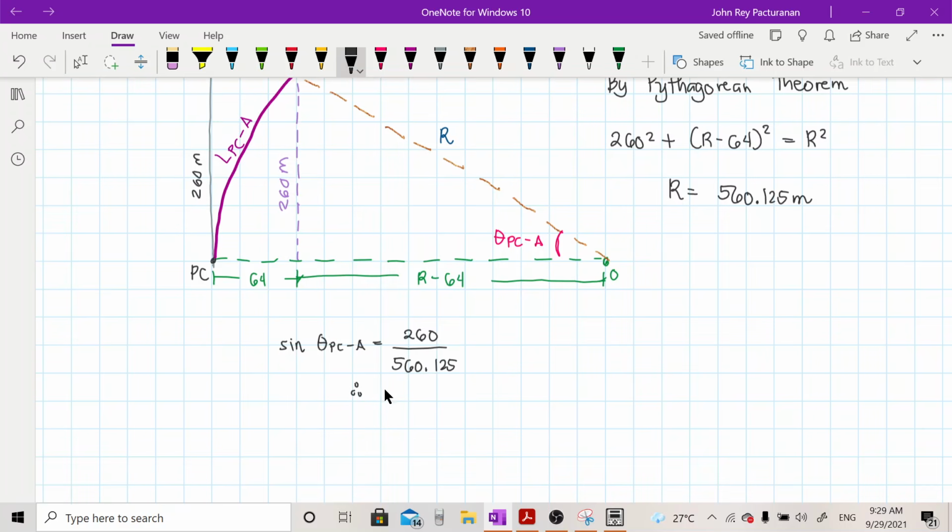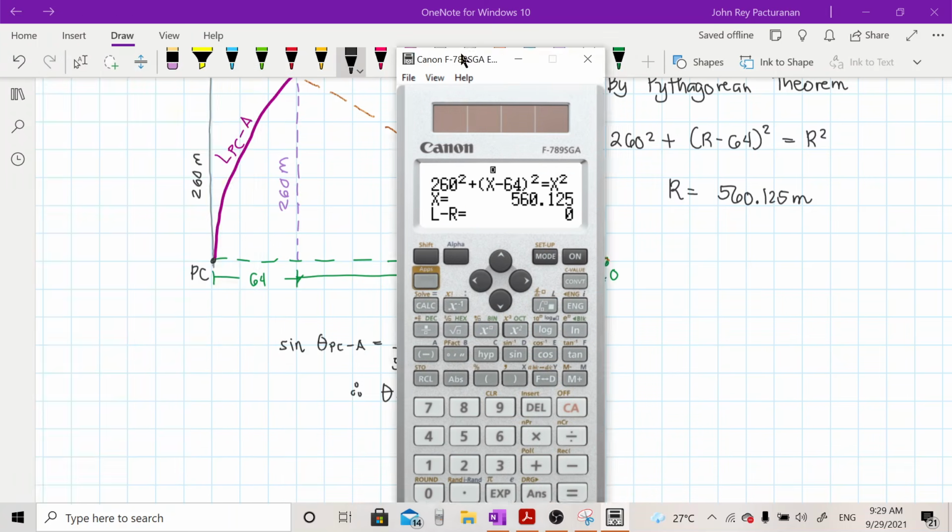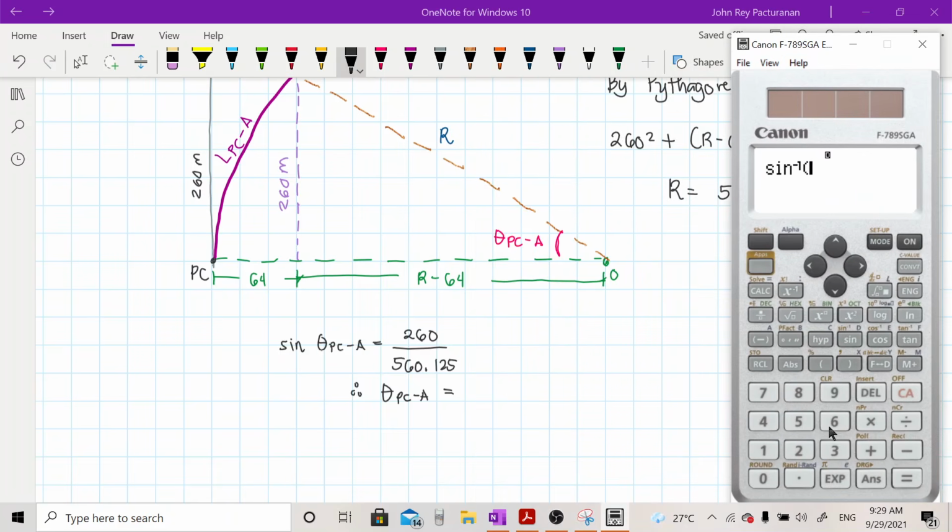So therefore, theta from PC to A is equal to inverse sine, of course. Dapat naka-degrees yung calculator, no? So, this is 27.6573.